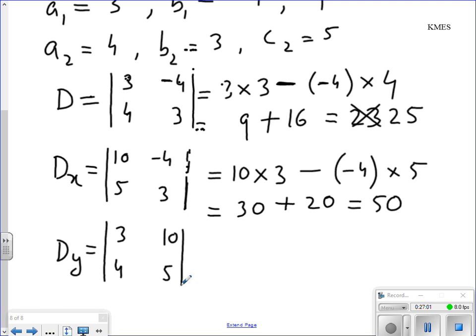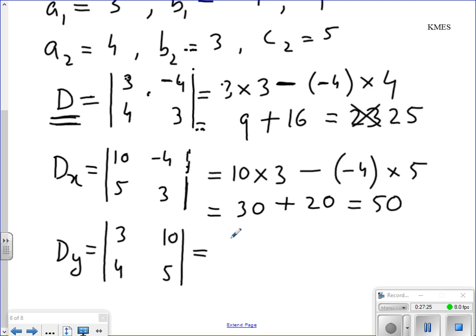Again, check over here: for dy, the coefficients of y in D, minus 4, 3, change to 10 and 5, which is C1 and C2.